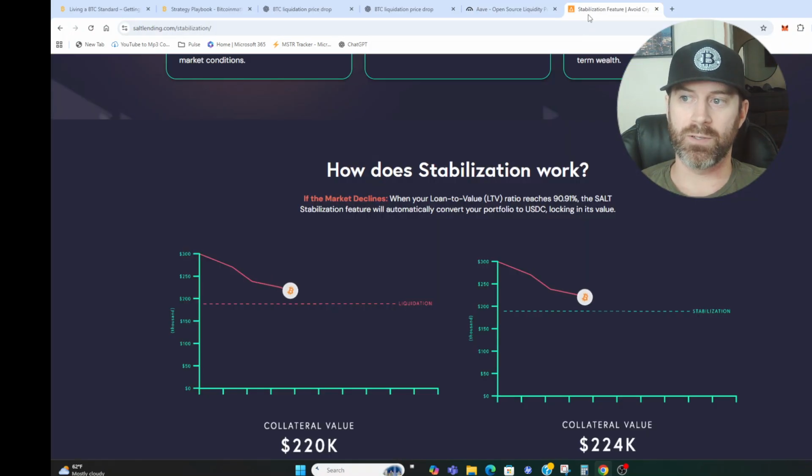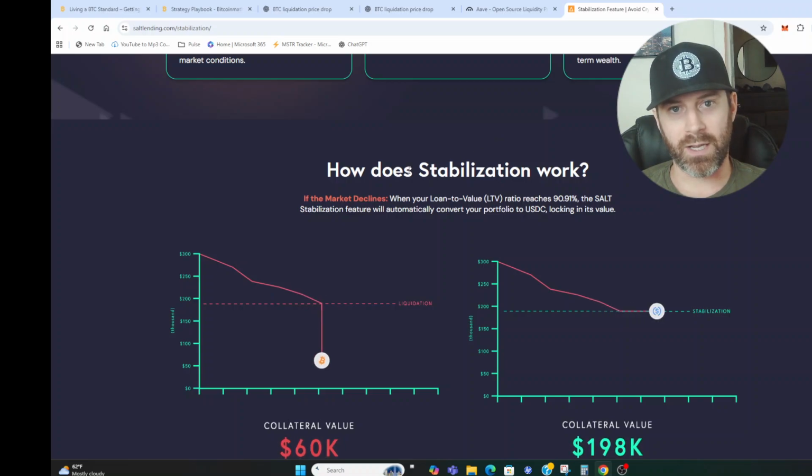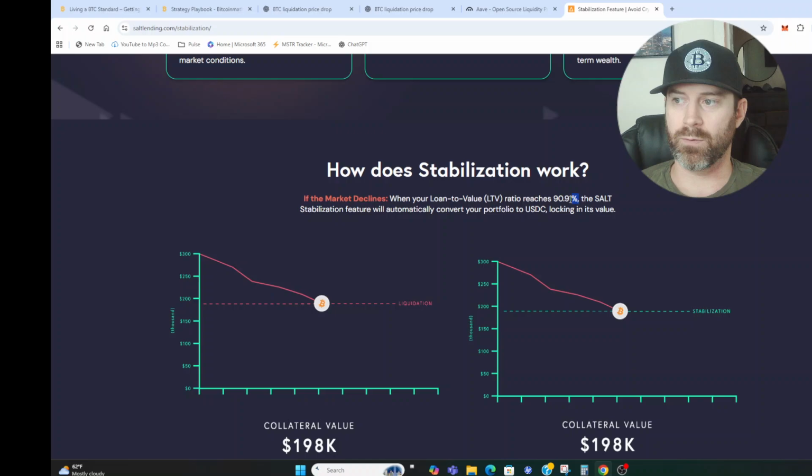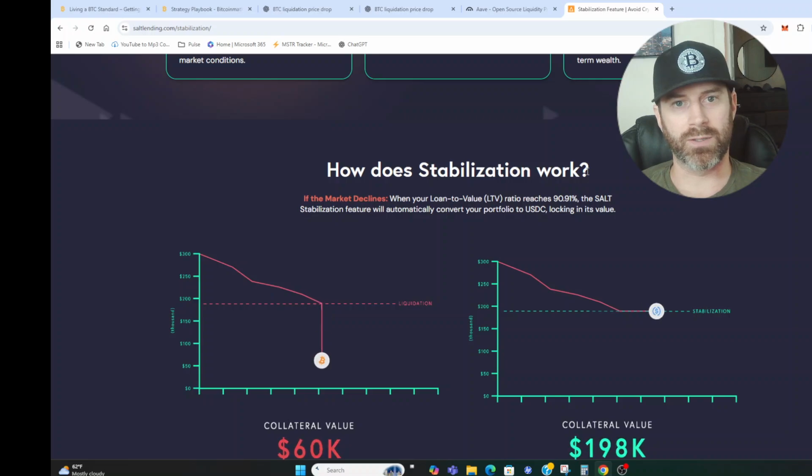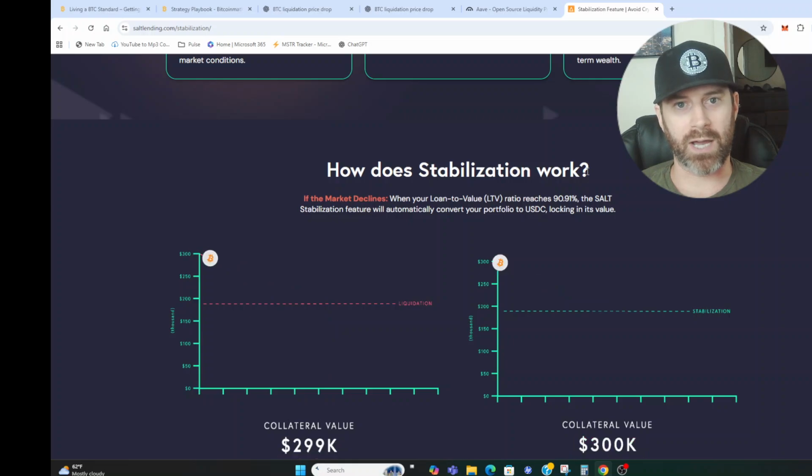Okay. Now, if you're using a CeFi lender like Salt Lending as an example, their liquidation threshold is 90.91%. And if you're not familiar with Salt Lending, the liquidation is actually called stabilization because they don't repay your loan. They convert your collateral into stablecoin, and then you basically have to decide what you want to do from there.